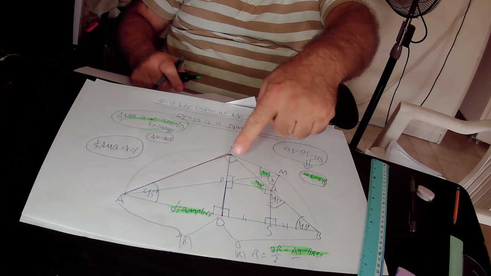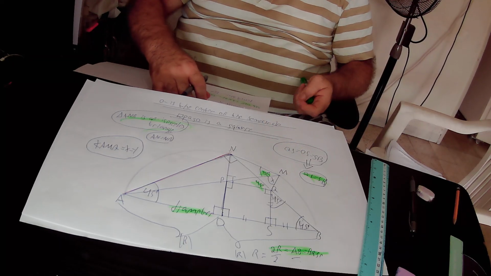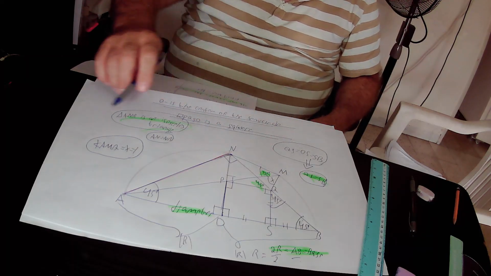This is quadrilateral NMQP, that is a cyclic quadrilateral. Here I will enclose this quadrilateral NMQP by a circle.